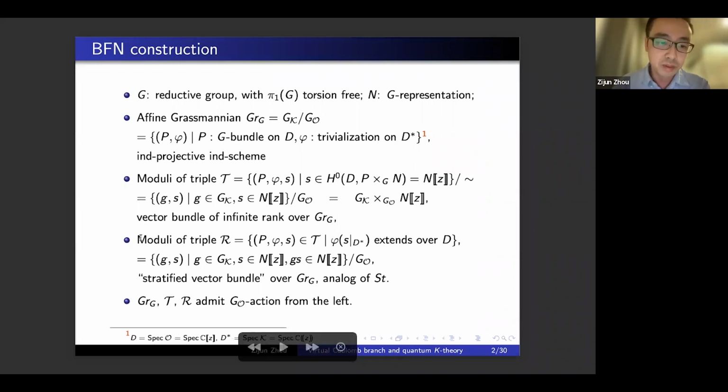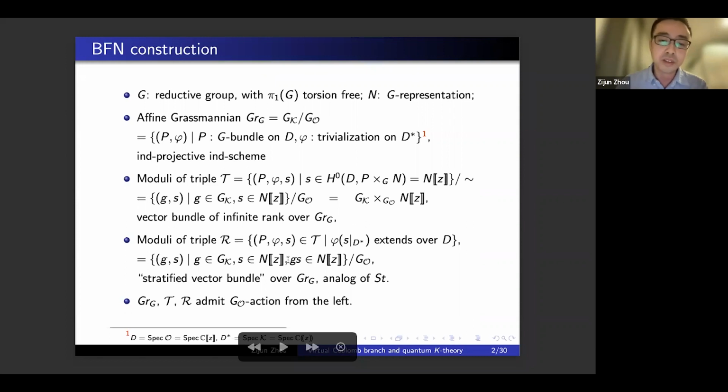The other moduli space of triples R is a closed subspace in this T. So in the space R, we require that the section satisfy another closed condition, which says that the restriction of the section to the punctured disk, if you send it by the trivialization, then it extends over the formal disk.